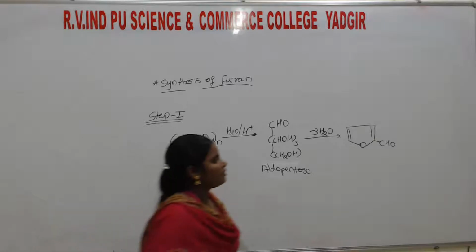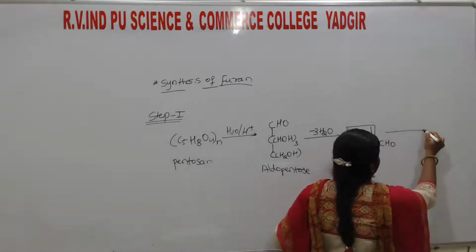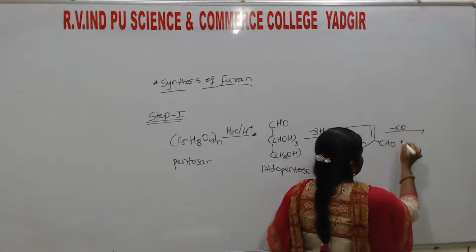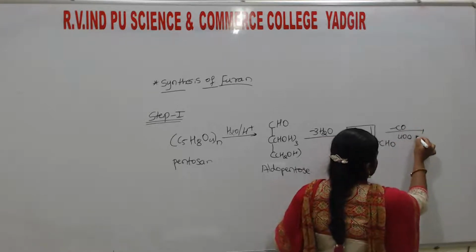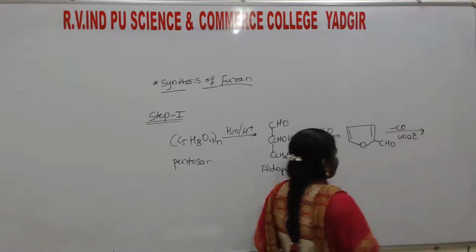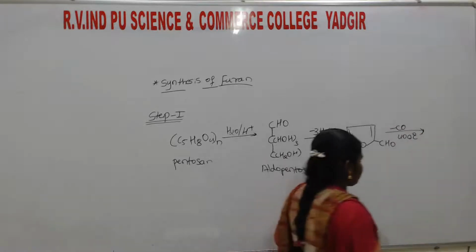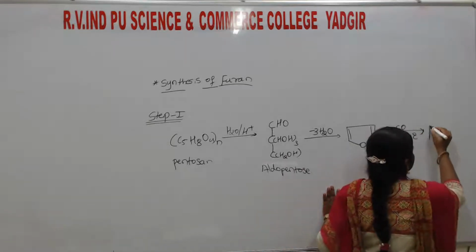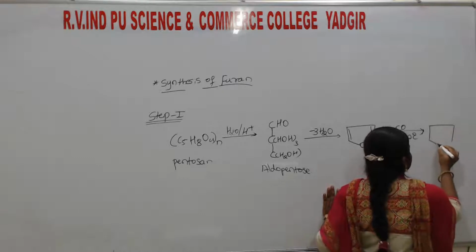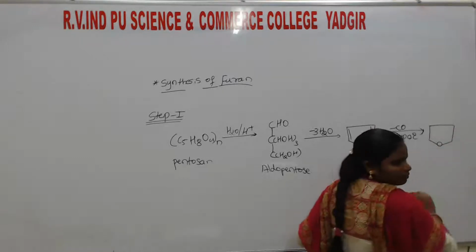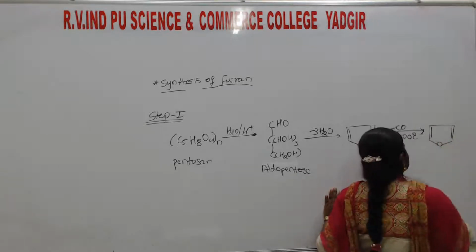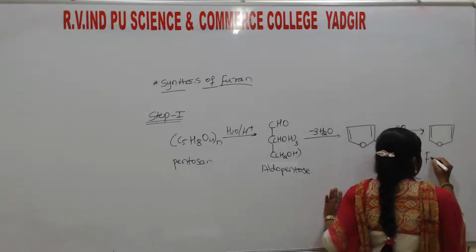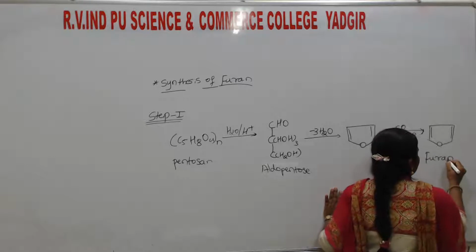Decarboxylation, loss of CO at 400 degrees Celsius. Formation of furan. The lone pair of electrons.